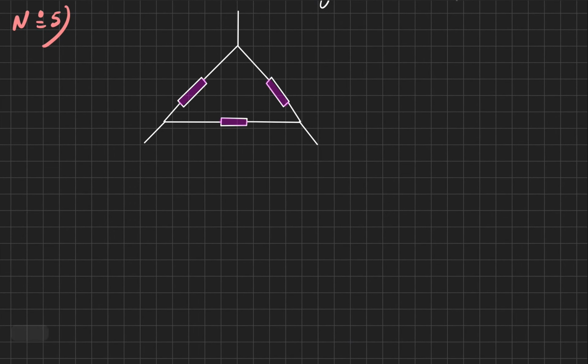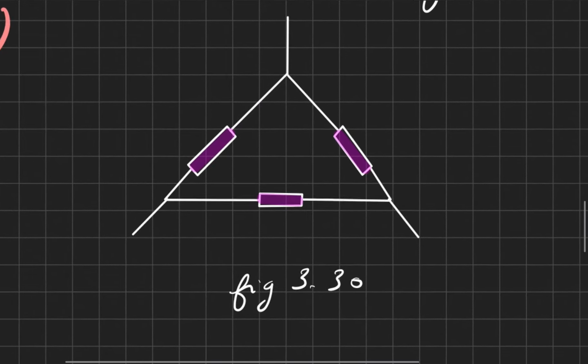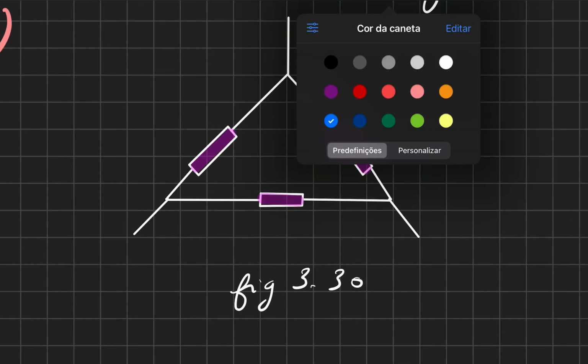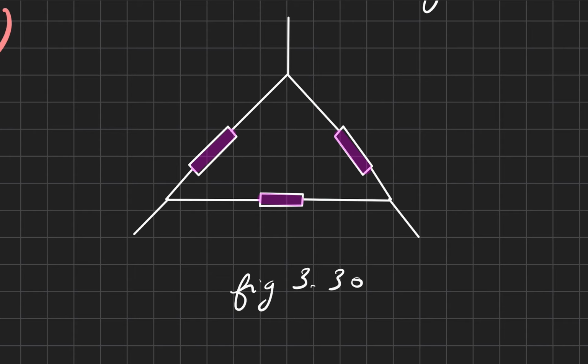Now let's move to number 5. Here's number 5. So in number 5 we have the circuit of figure 3.30, and we have to calculate I5, I6 and I1. Let's just write down where's I1, I2 and I3 and everything.